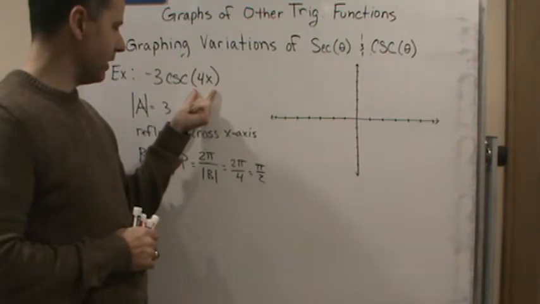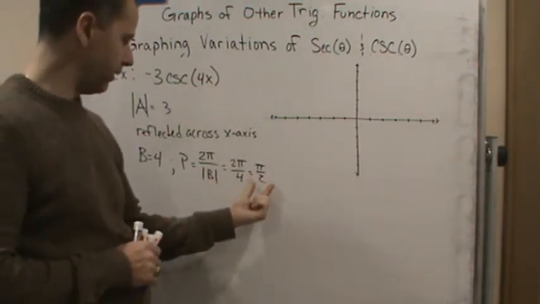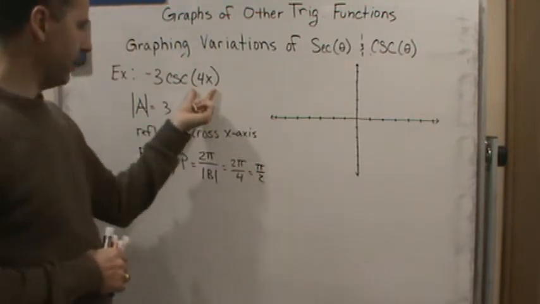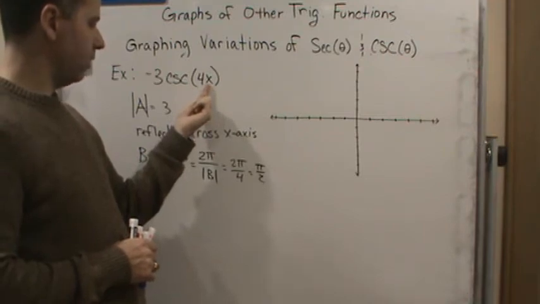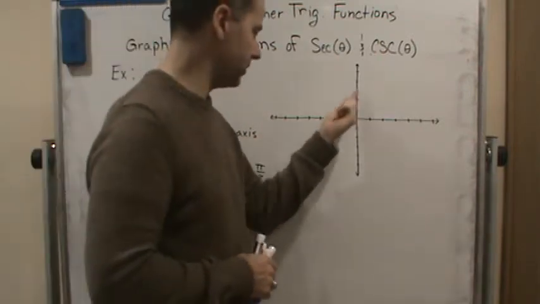But when is this 0? When the argument is 0. Because this has a period of pi over 2 now, that means this is going to be 0 when x is 0. So we're going to have an asymptote here.